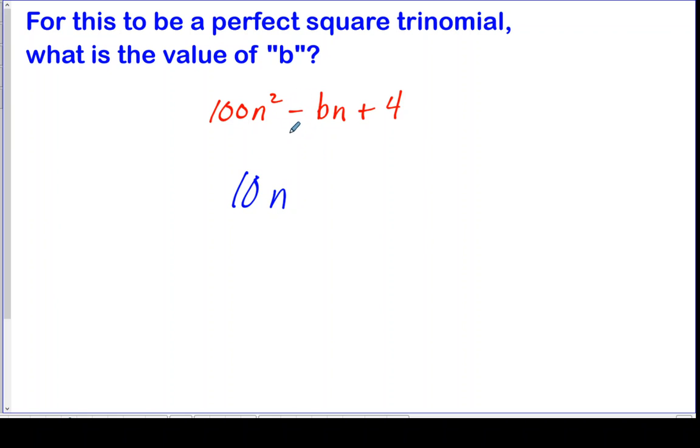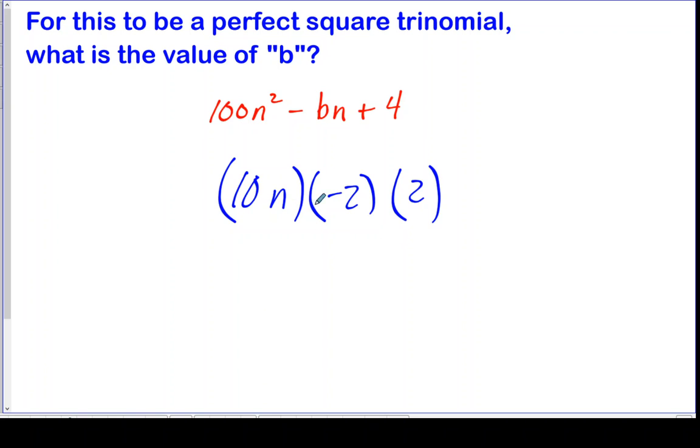Notice we have a minus here, so I want to be thinking about the factors of 4 as being two negative numbers. 4 is a perfect square, so the square root of 4 would be, in this case, negative 2, because we want our b value to be negative. So we multiply the square root of the first term times the square root of the last term, or the c value, and then we have to double it, and that will give us our b value.